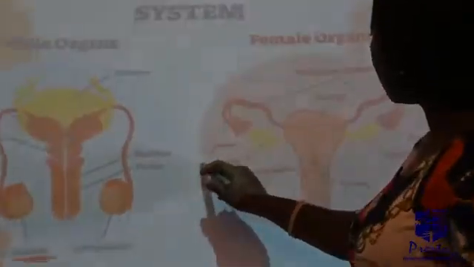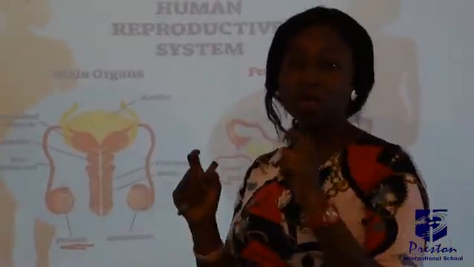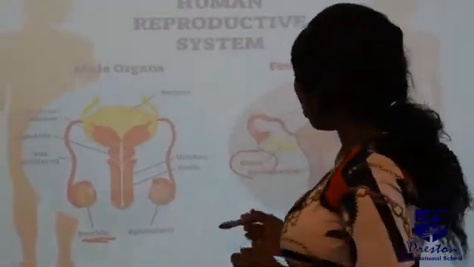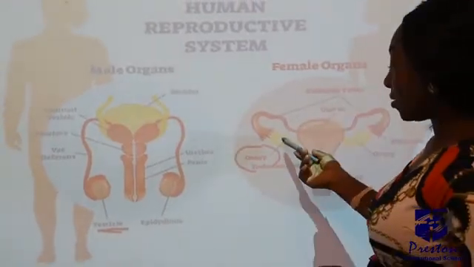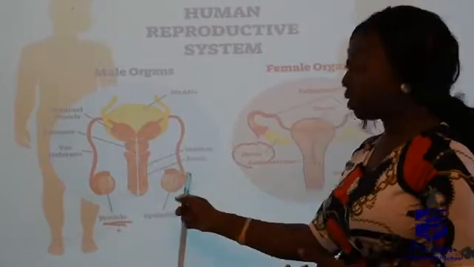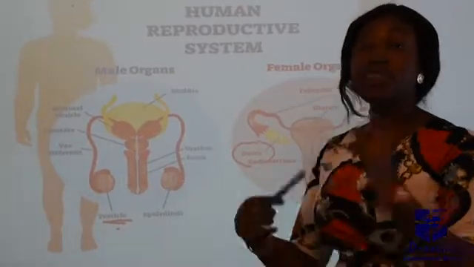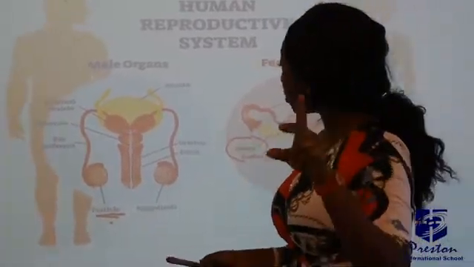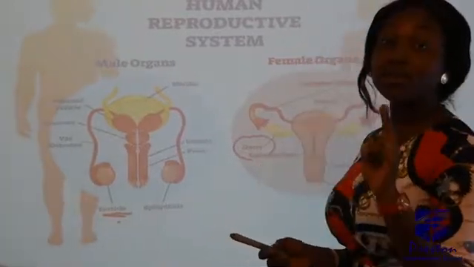While the ovary in the female is where the egg, most times it's just one egg, and sometimes it's two eggs that are formed. So we have the ovary that is producing the eggs, and we have the testicle producing, we have two testicles anyway, producing the testes.